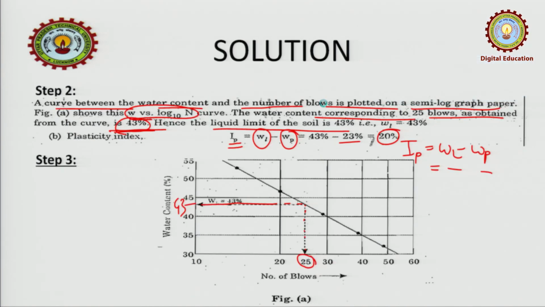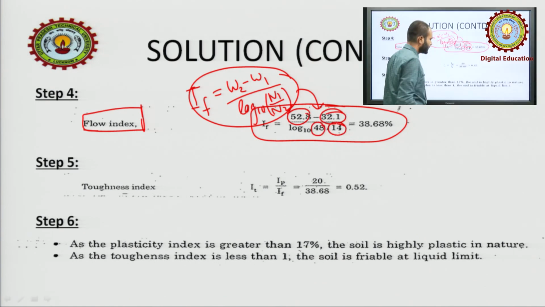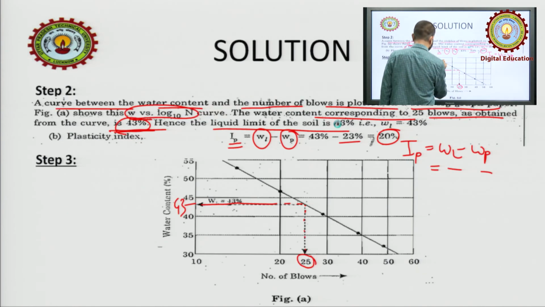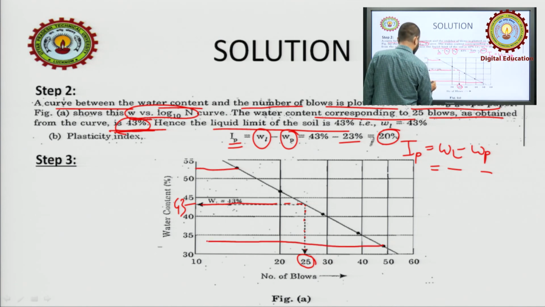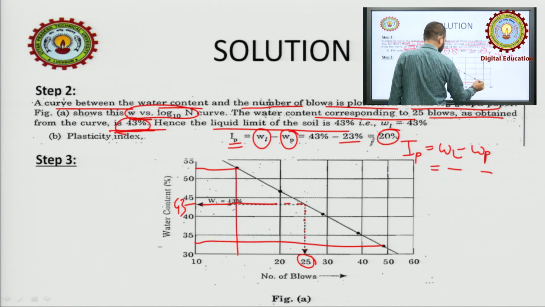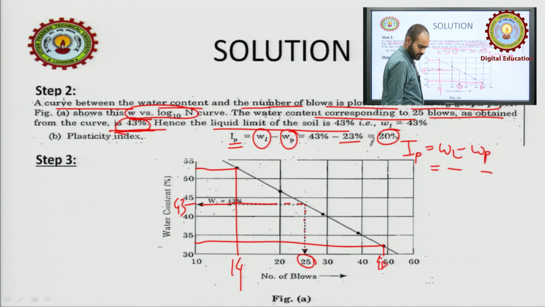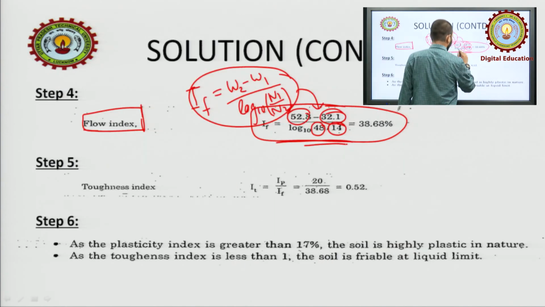Here you can see the parameters, 52.8 and 32.1, and 48 and 14. 52.8 means this, and 32.1 means this. Correspondingly, what will be the N value? This is taken as 14, and this is taken as 48. So, this was your calculation.